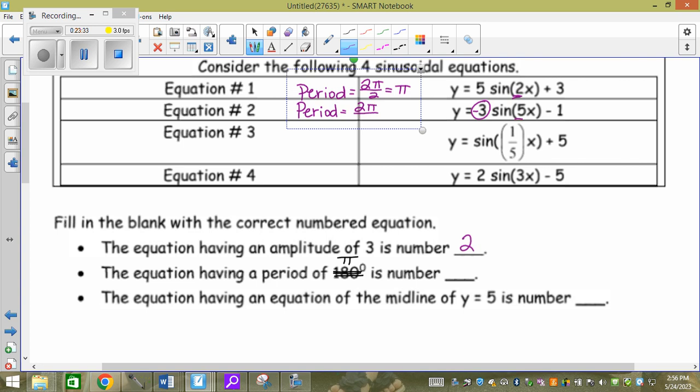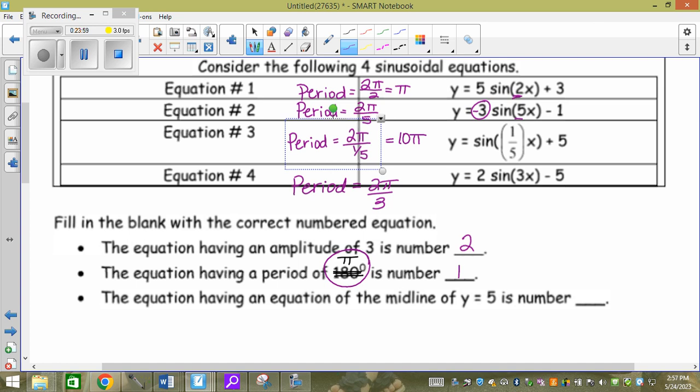B happens to be 5, so this is 2 pi over 5. The period of this one equals 2 pi divided by 1/5. When you divide by 1/5, it's multiplying by 5, so you get 10 pi. And then this one equals 2 pi over 3. So the equation with pi as your period is equation number 1.